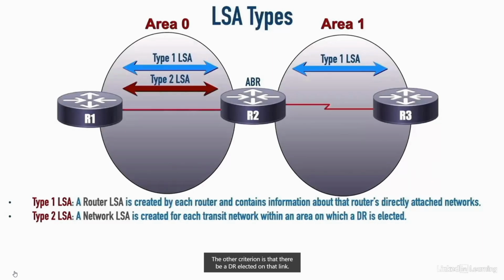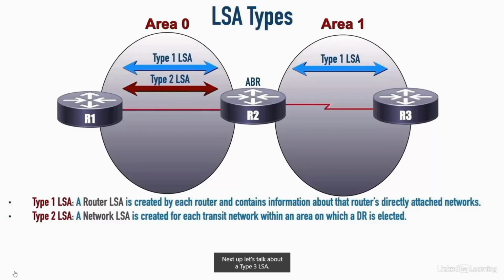The other criterion is that there be a DR elected on that link. Now, we're assuming we have some sort of Ethernet interface, like a gig Ethernet interface, coming out of R1 going over to R2. So a DR would be elected there. But remember, a point-to-point WAN segment like we have between R2 and R3, not going to be electing a DR there. So there's no Type 2 LSA to represent that one link between R2 and R3.